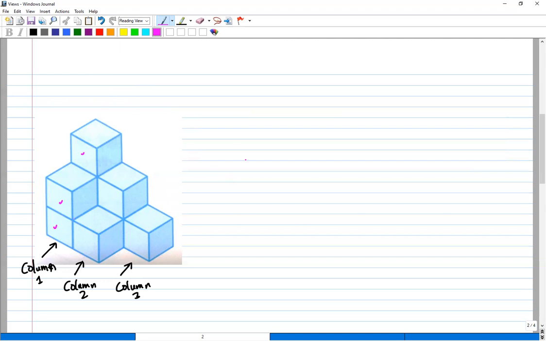Okay, let's try to draw that. Remember, we are considering the front view. Okay, let's say that this is the front view, and we are talking about column 1. So for column 1, we see that it has got 3 levels.